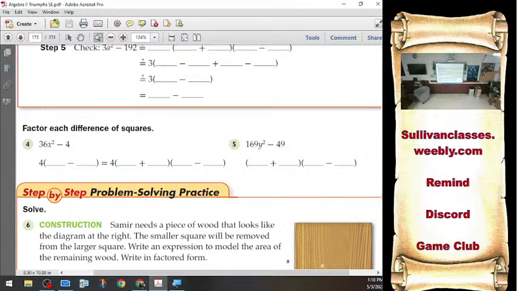Yep. Number 5 is already broken up. Yes. 4 out of that?